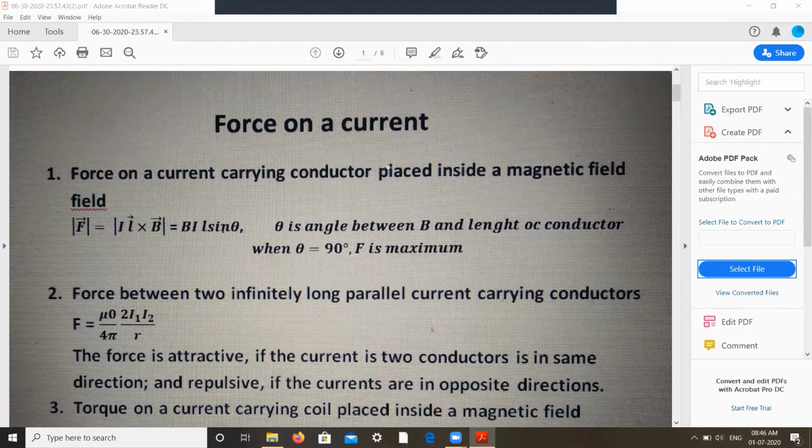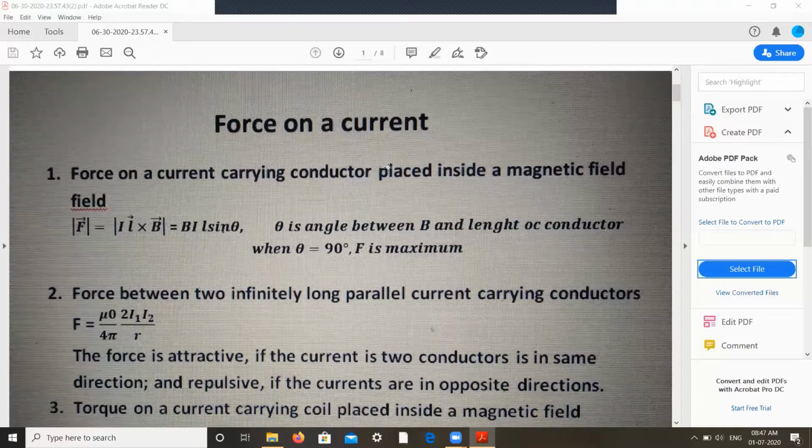It is multiplied with 2 times I1 I2 divided by R. I1 is the current in wire 1, I2 is the current in wire 2, and R is the distance between the two wires.